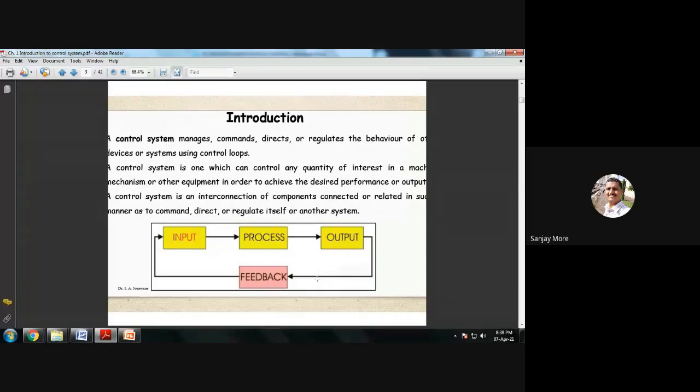Okay. Next line. A control system is an interconnection of components connected or related in such a manner as to command, direct, or regulate itself or another system.